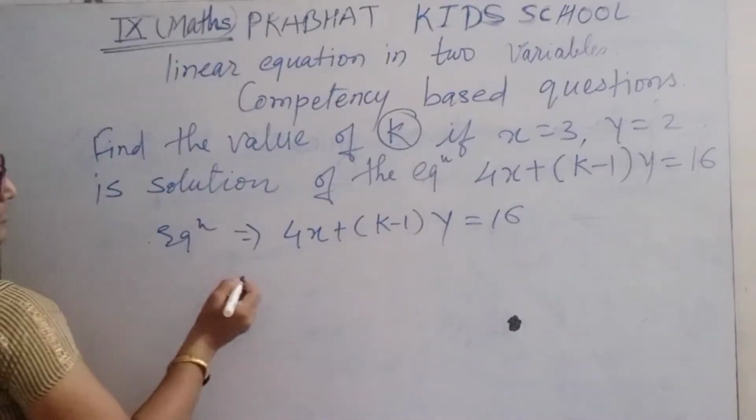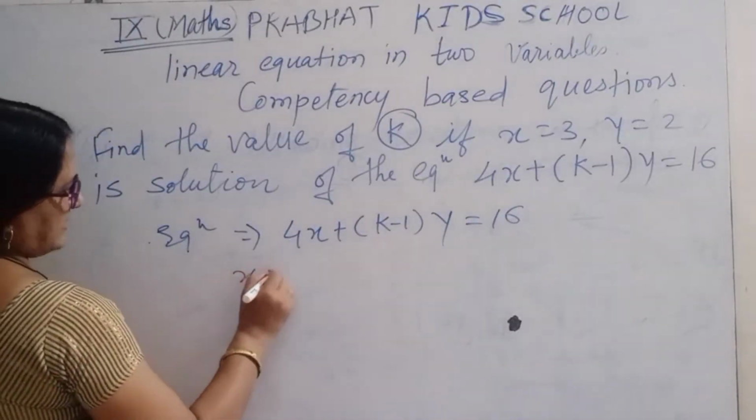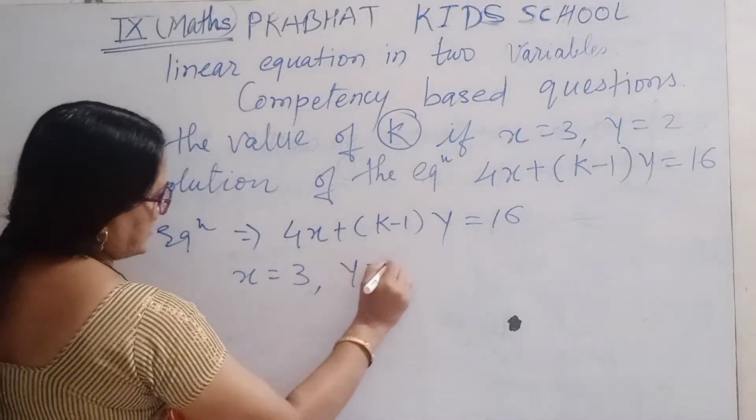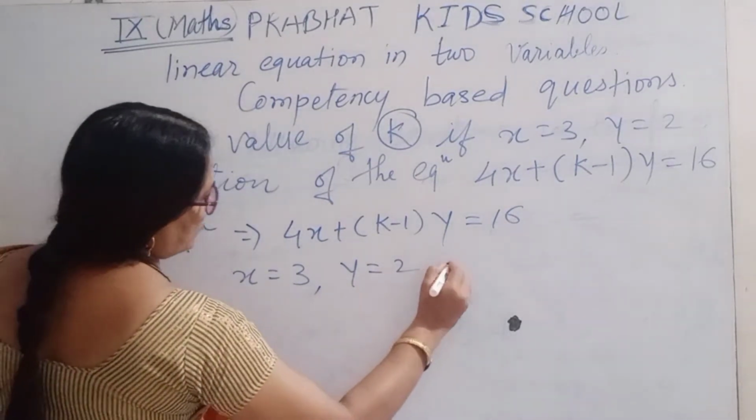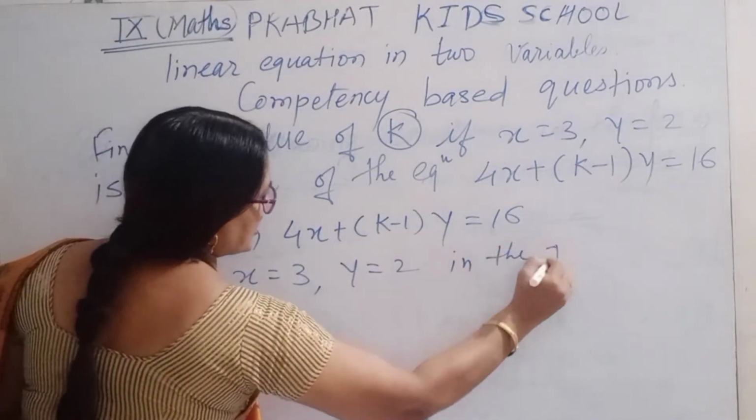What are the values of x and y? x is equal to 3 and y is equal to 2. Put x is equal to 3 and y is equal to 2 in the given equation.